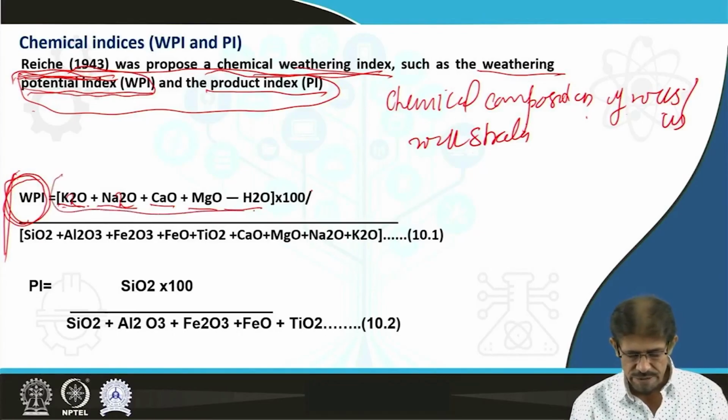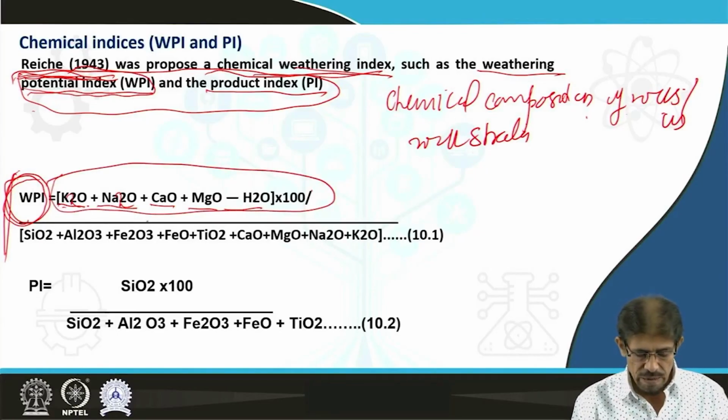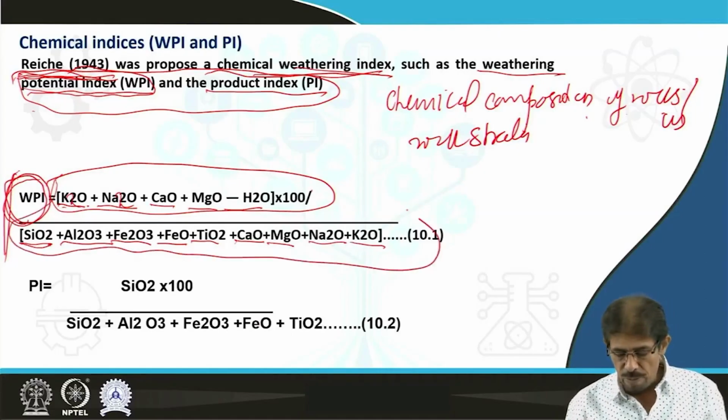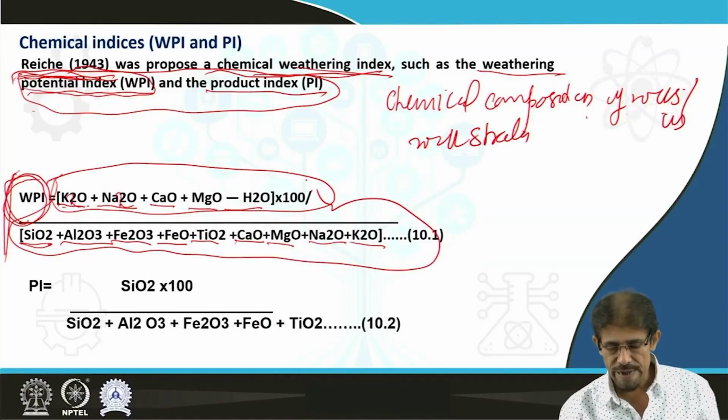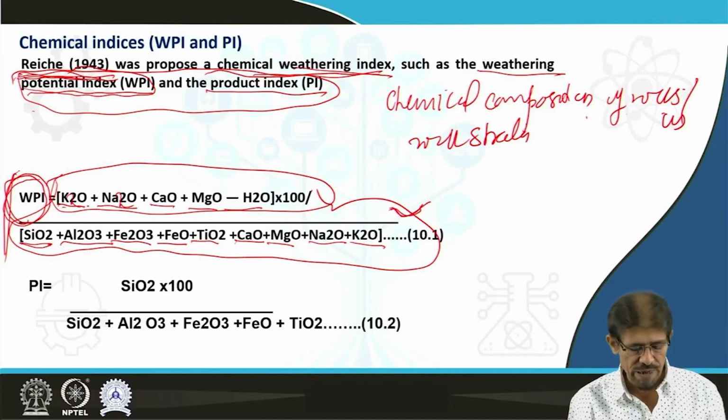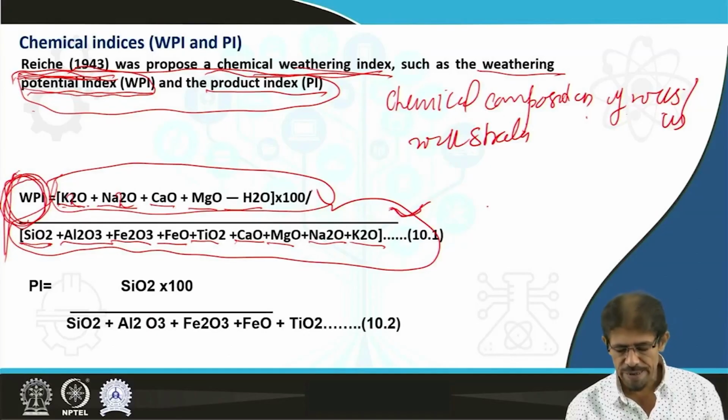Then this whole thing is divided by the sum of the molar proportions of SiO2 plus Al2O3 plus Fe2O3 plus FeO, TiO2 plus CaO, MgO, Na2O and K2O. You have an idea of molar proportion from chemistry. This type of estimation provides the weathering potential index.